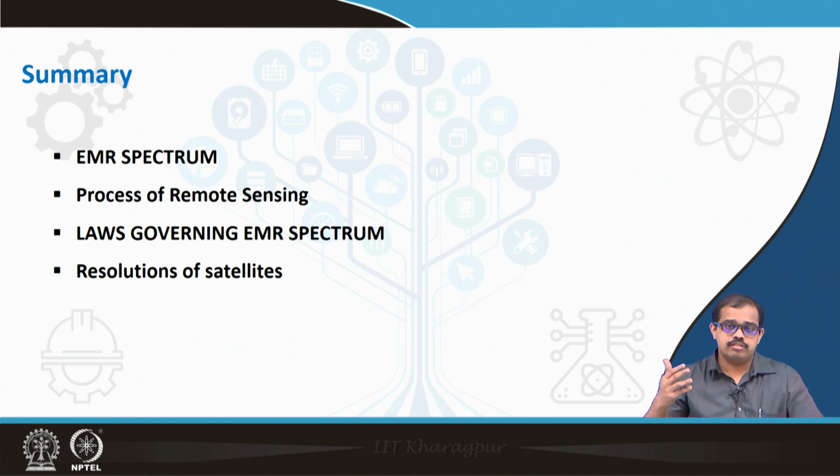Once we understood this, we looked at a spectral reflectance curve, okay. It is reflectance versus the wavelength. Whenever you are looking at any aspect of the earth's surface, the first thing is to look at the reflectance curve. Then we ended this class with resolutions of satellites, looking at the different resolutions that you have to consider when you are considering satellite data products.